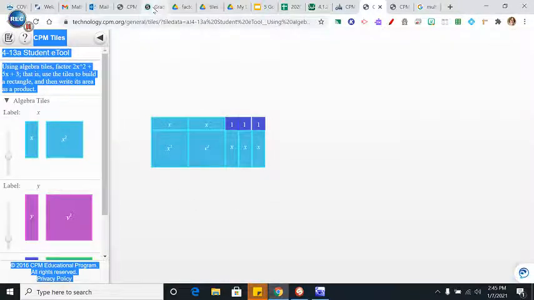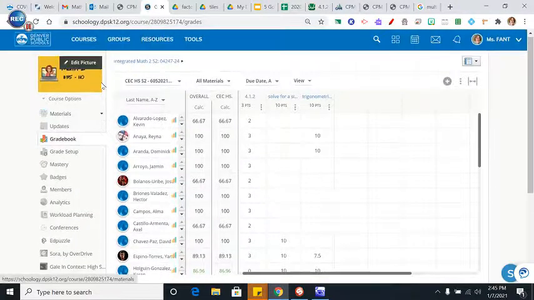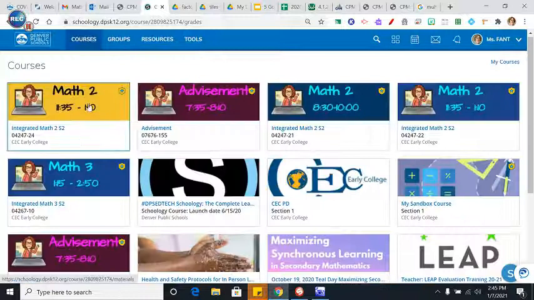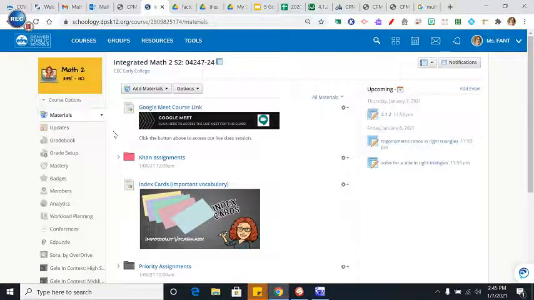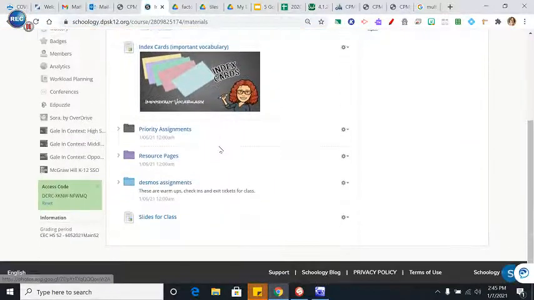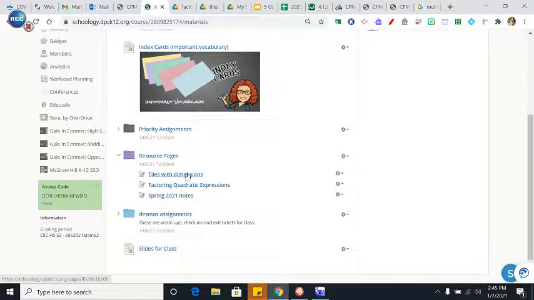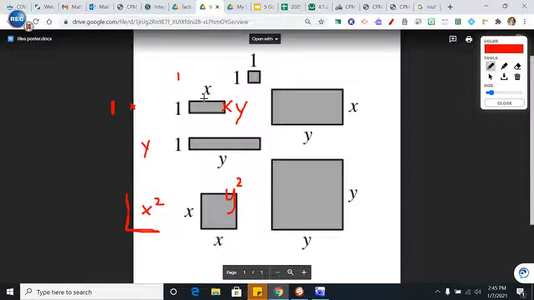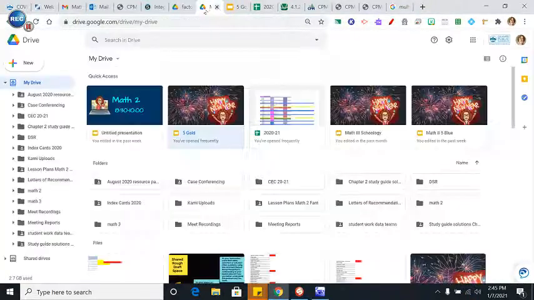Remember that if you're not sure what the dimensions are, on the main Schoology page, if you scroll down to where it says resource pages and click on tiles with dimensions, you will get this document here.